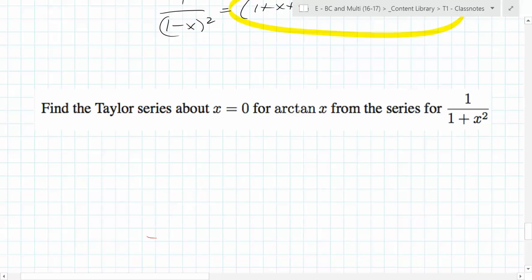Now it's 1, negative x, and now we take the antiderivative of both sides. If we take the derivative of the integral.